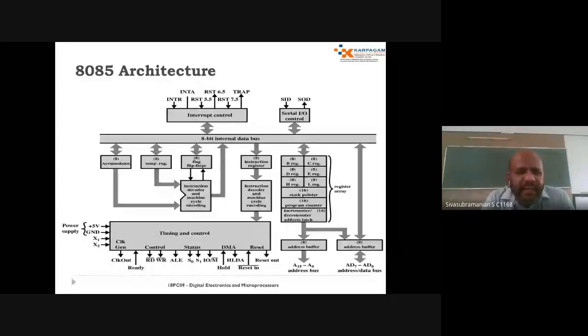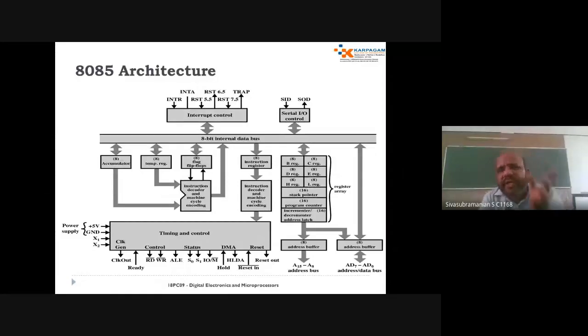SID stands for serial input data and SOD stands for serial output data. The SID terminal receives the serial data stream from an input device, and the control unit converts this serial data to parallel data before it is used by the computer. After conversion, that 8-bit parallel data will be stored in the accumulator for the ALU operation, right?